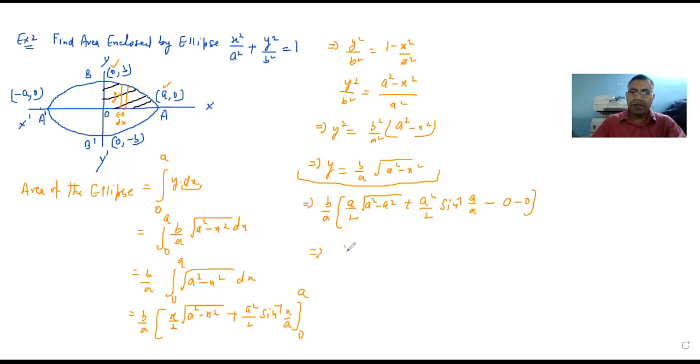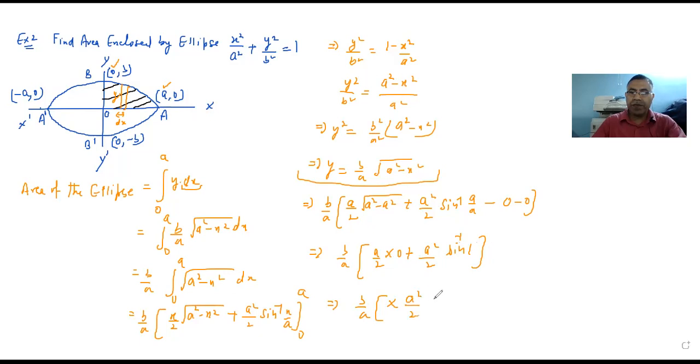So which implies this is b by a into a by 2 times 0 plus a square by 2 sine inverse 1. So b by a is multiplied by sine inverse 1, this is pi by 2.